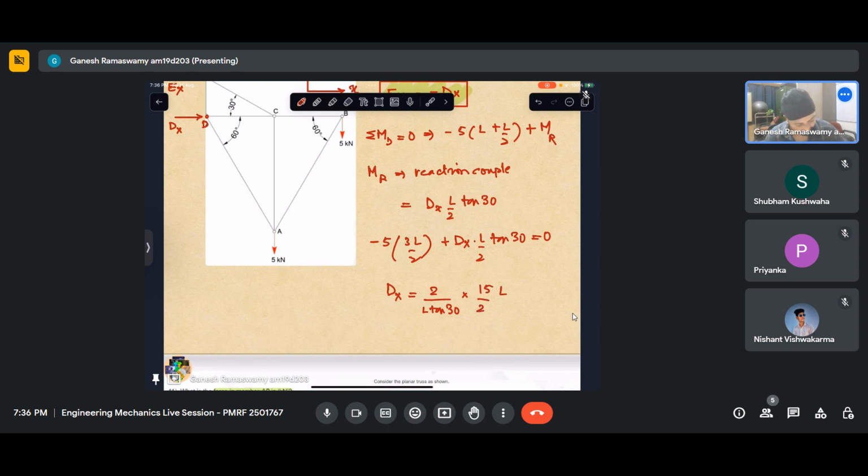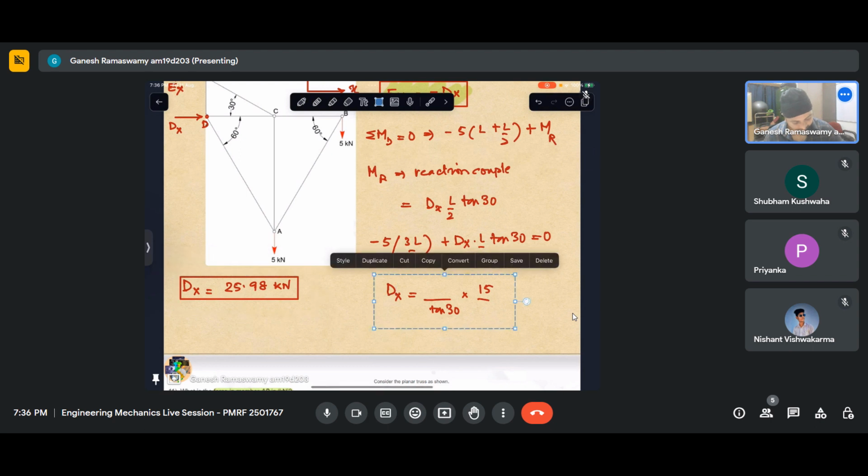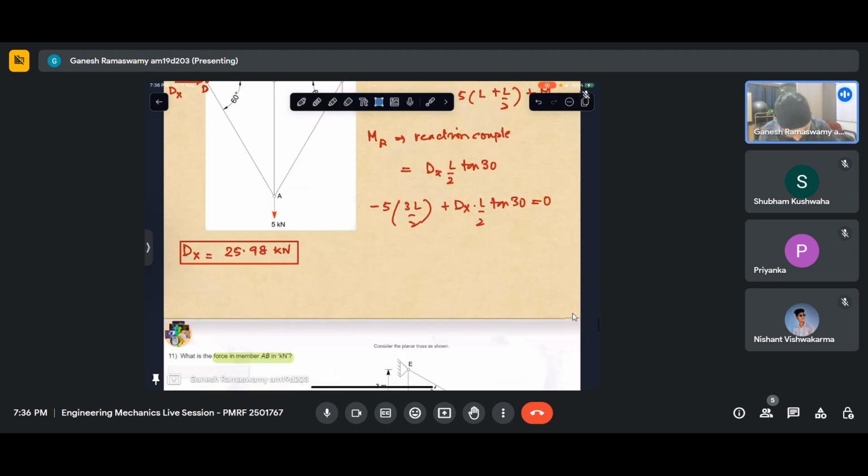So this dx comes out to be, I can just remove the 2's, I can remove L, it is 15 by tan 30. So it comes out to be 25.98 kilonewton. Okay, now that we have got dx, we know Ex is minus 25.98 kilonewton. That was when we had marked that in the positive x direction.